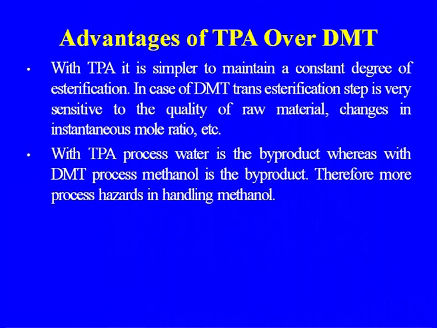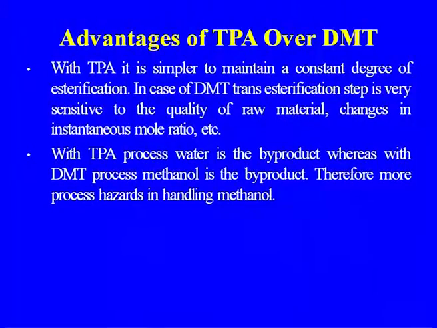With TPA, it is simpler to maintain a constant degree of esterification. In the case of DMT, the trans-esterification step is very sensitive to the quality of the raw material, the instantaneous mole ratio, etc.